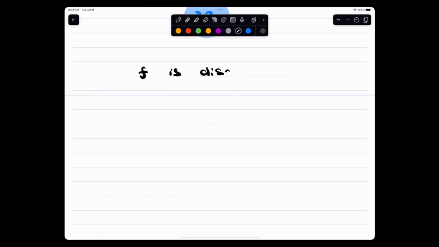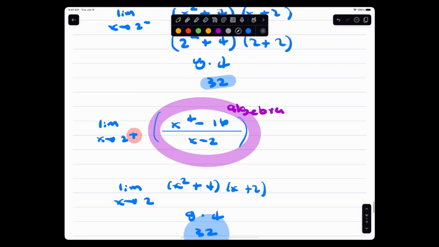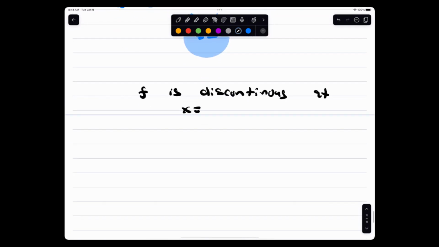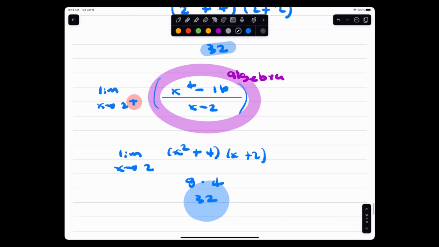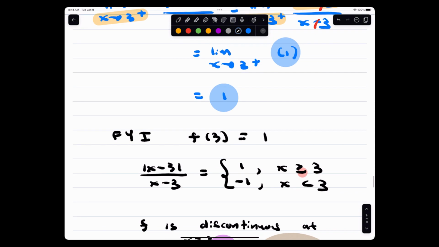Discontinuous at that point. But it's continuous everywhere else. Because it has that hole, that's 2. And it's the same reason. The limit does not equal the value of the function. So, you know, this is kind of what they're getting at with a lot of these functions. So you did have to do a little bit of some what? Algebra.